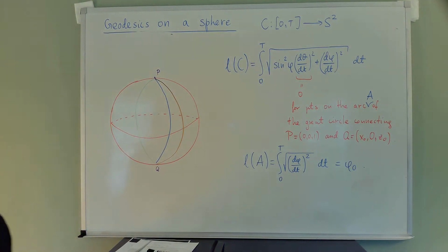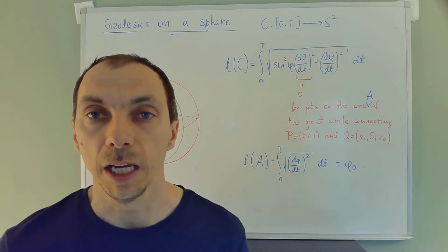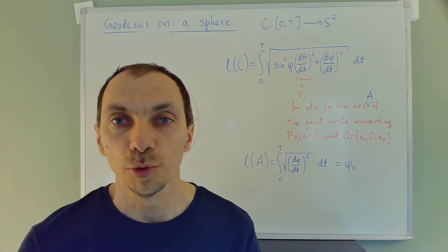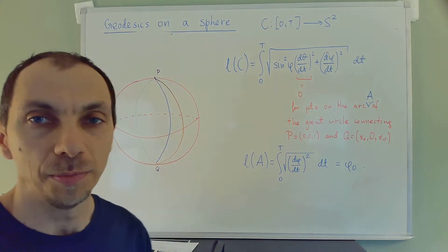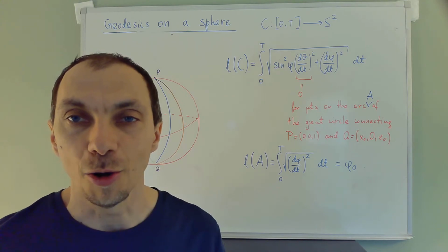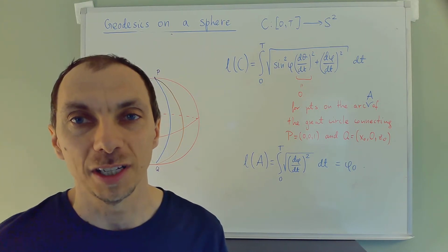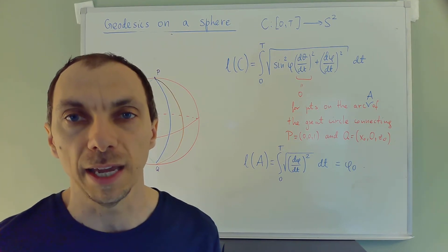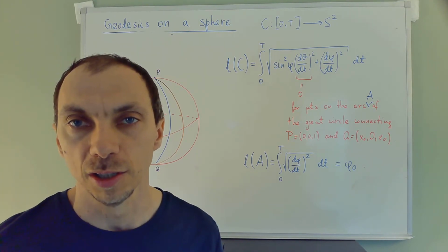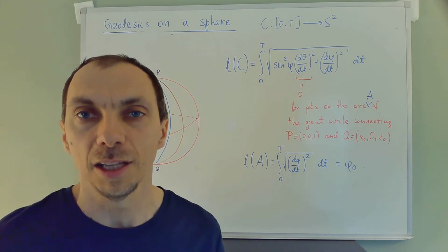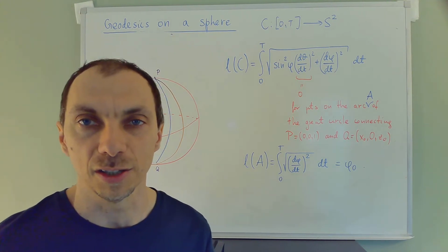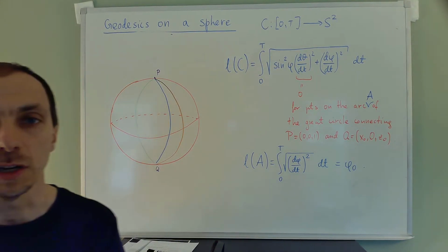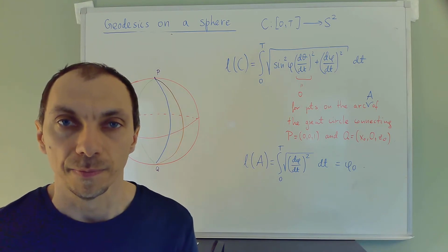All of these are great circles, so there are actually infinitely many geodesics between P and Q. But note, while the geodesic is not unique between these 2 points, they all have the same length, so you can still define the distance between the antipodal points also, to be the length of any of the geodesics. If all the geodesics have the same length, then you just define the distance to be that length. Okay, so the antipodal points on the sphere have distance pi.